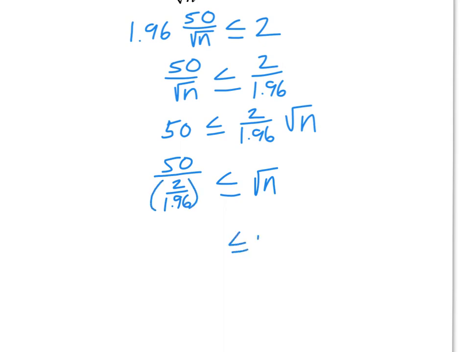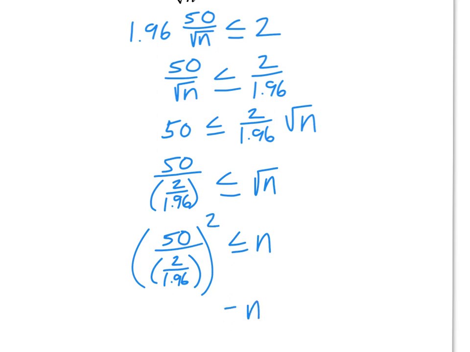And then to finish it off, I'll square it. Obviously this big mess on the left side is just going to a calculator. And this one comes out to be a whole number. The other one we didn't. But 2,401 would be our desired sample size.